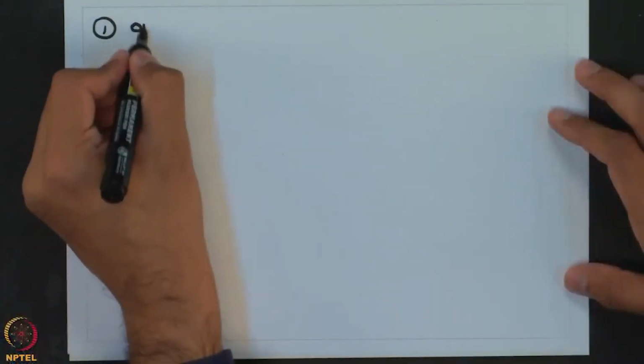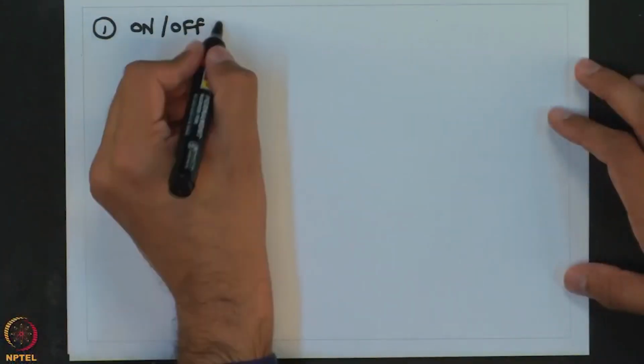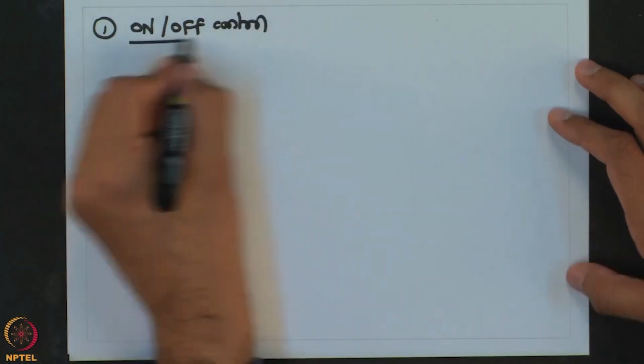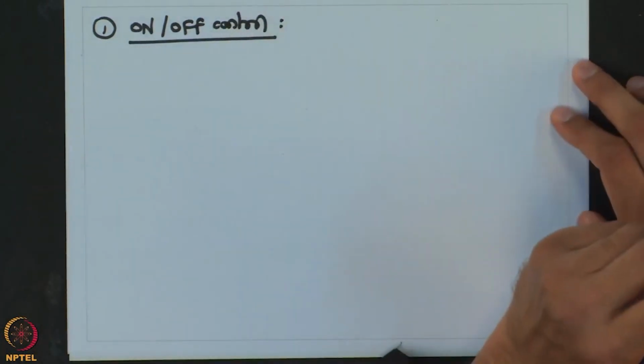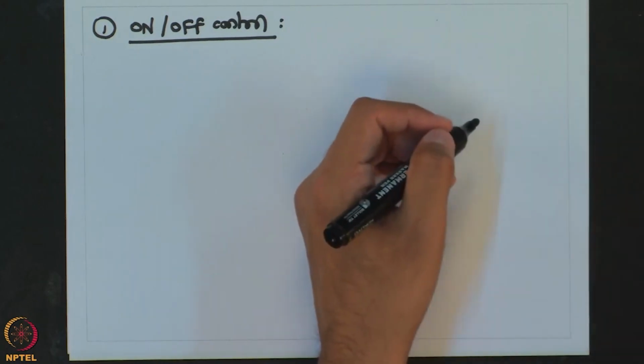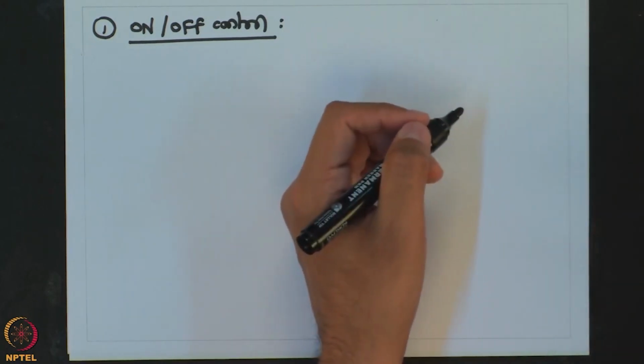So, let us now look at the different types of control actions which are possible in feedback control. The first, or the simplest control action, simplest in terms of implementation, is on off control. On off control is one of the very commonly used feedback control strategies, for very low key objectives or very cheap control systems.